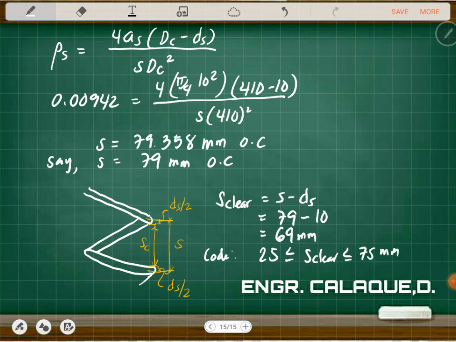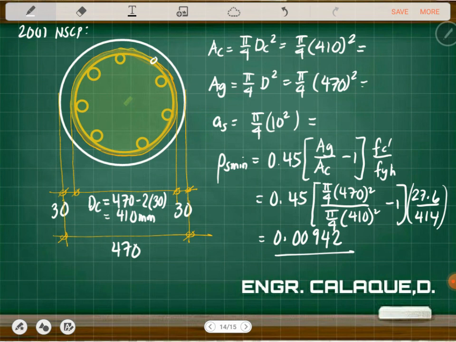Since 69 is greater than 25 and less than 75, it is okay. I hope that is clear. So we now have the spacing of 79 mm on center. That is for 2001.